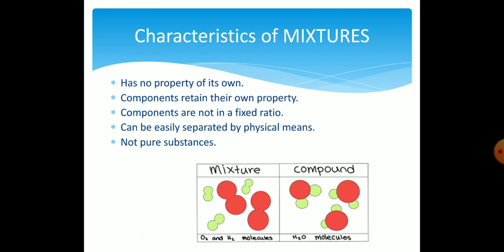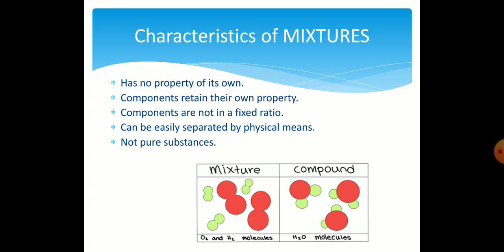So all these individual tastes will be there, so the vegetable salad will not have a taste on its own. Only the constituent tastes will be there. Then the components retain their property. The carrot will have its own color, its own taste. It will not be changing. Similarly the cabbage will have its own color, its own taste. Similarly for cucumber.